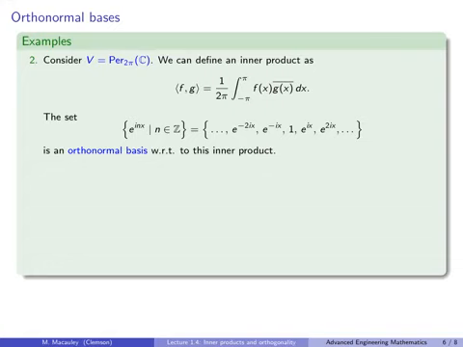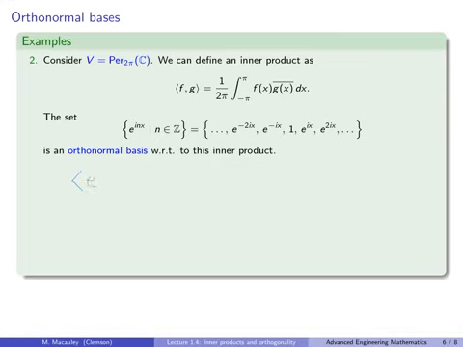So why is that? That's not a magical statement to say. We can verify that. Let's check. Take the inner product of any two of these. What do we have to do? We have to check that that is 0 if n and m are different, and 1 otherwise.